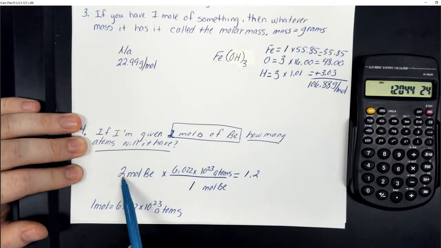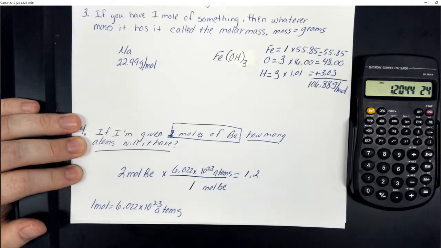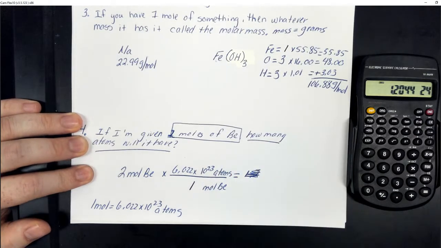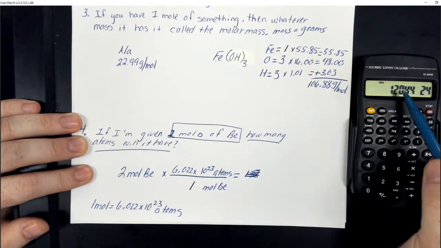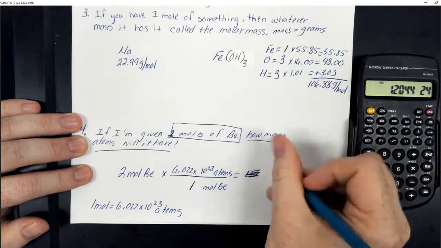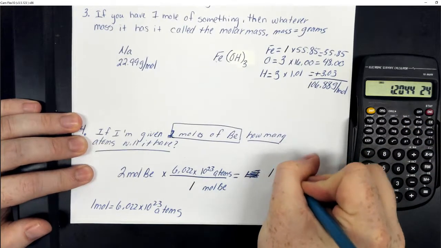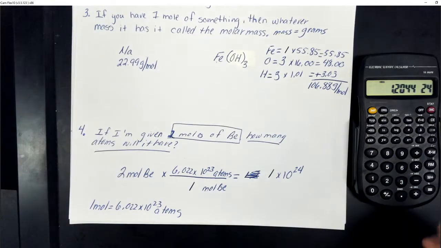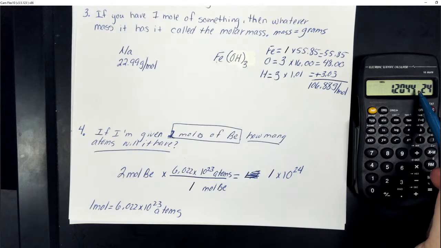This is a number that we were given. How many significant figures am I allowed in this answer? We're only allowed 1. Definitions don't count, and there was only 1 number right here. So we're actually going to have to round this off to 1 significant figure. Okay? Here's our 1 significant figure. It's next to a 2, so the 2 is going to just keep that down to 1 times 10 to the 24th power. Okay? The space in between indicates times 10, and then there's the exponent to the 24th power.